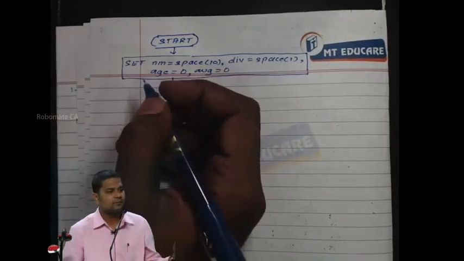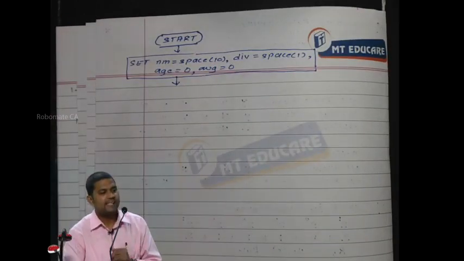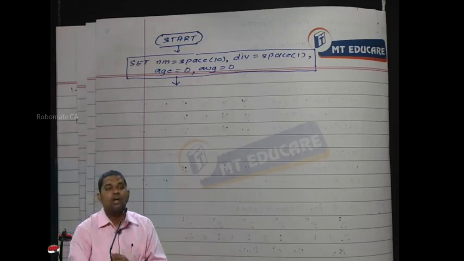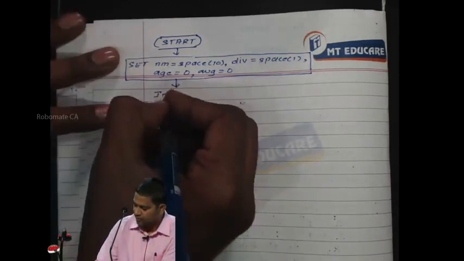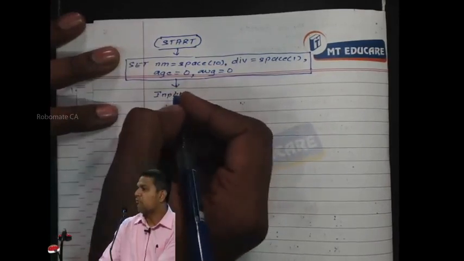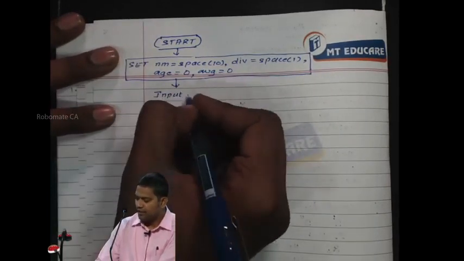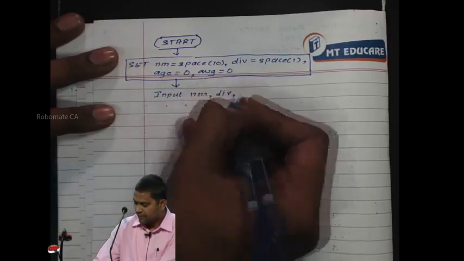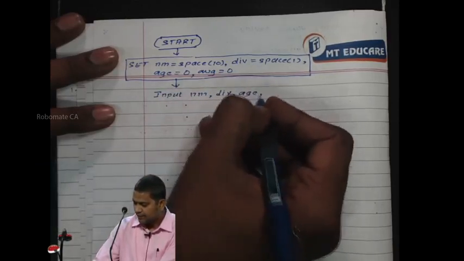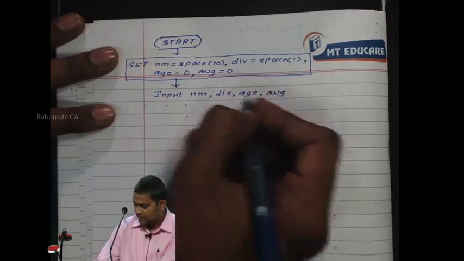Understanding this part? Now we will accept the data from the user. For accepting the data from the user, we will say input. Input what? Name, then the division, then the age, and the average.